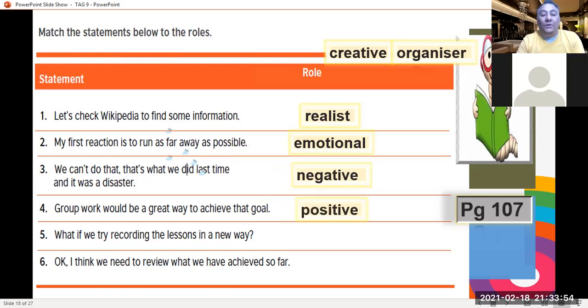Group work would be a great way to achieve that goal. So he thinks positively. Yes, positive. Number five: What if we try recording the lessons in a new way? Yes, creative. A new way. Exactly. Excellent. Number six.